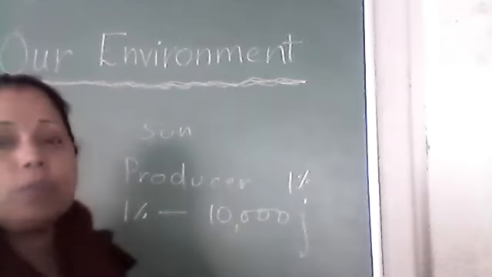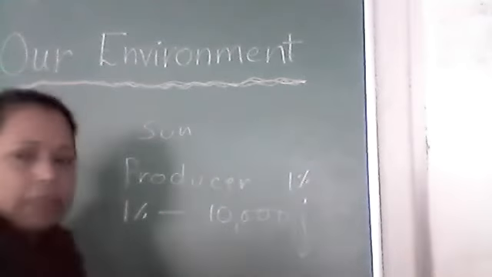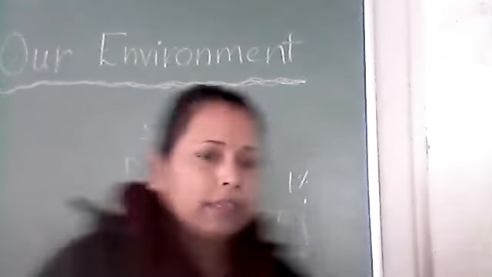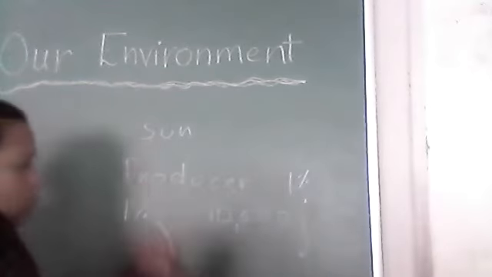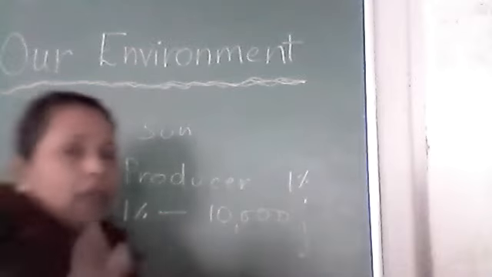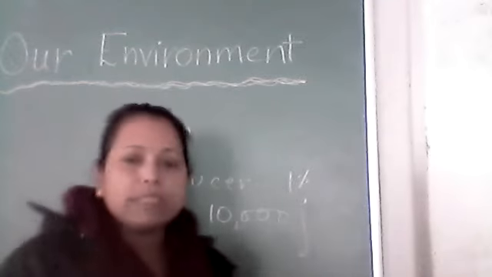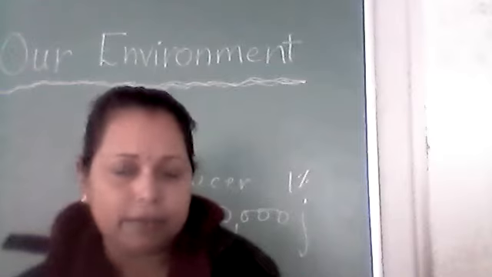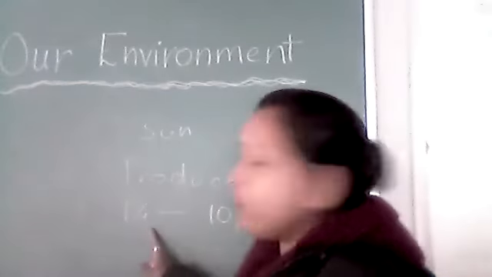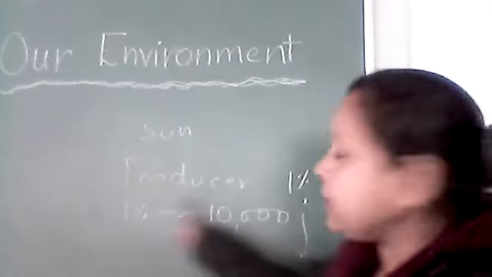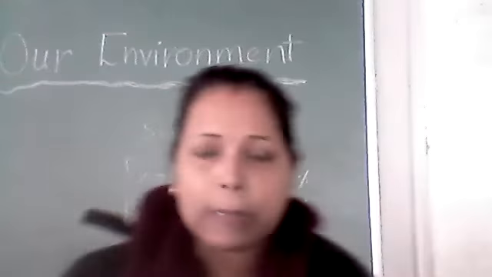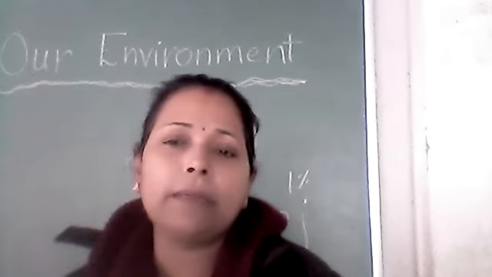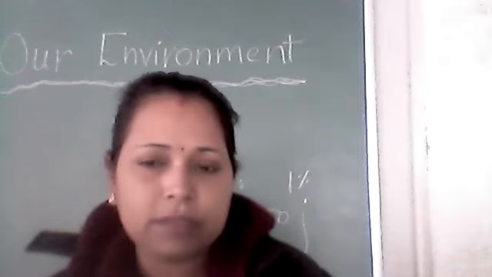from producer to primary consumer, what will be the percentage? Yes, anyone? Here we are assuming that out of the total solar energy, only 1% is taken by the green plants. If we assume it as 10,000 joule, then what will be the percentage of energy available to the primary consumer?